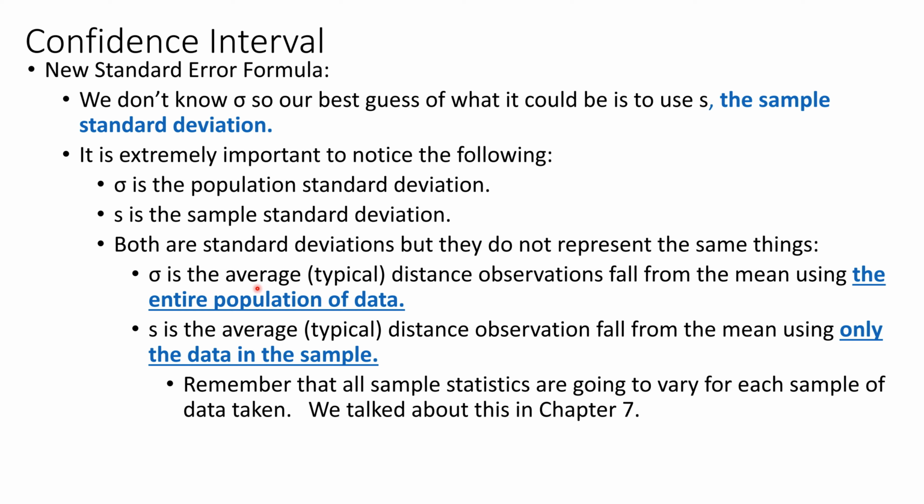Sigma is the average distance observations fall from the mean using the entire population of data. S is the average distance observations fall from the mean using only the data in the sample. So remember that our sample statistics are going to vary from each sample of data taken. We talked about this in Chapter 7.